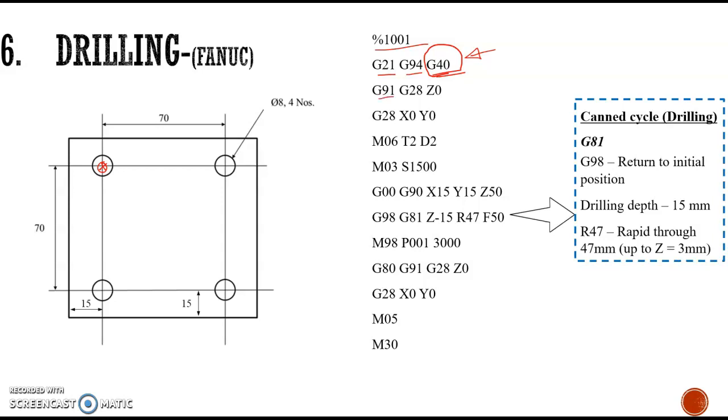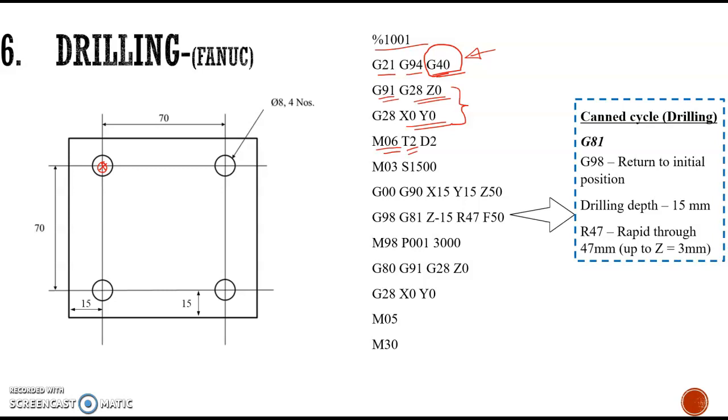Then G91 is used to make the tool on the home position. That is, the tool should be initially at the home position Z0, X0, and Y0. Then we are selecting the tool using M06 code, and T2 is the tool code.